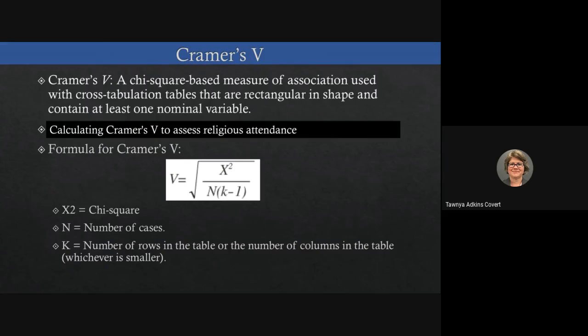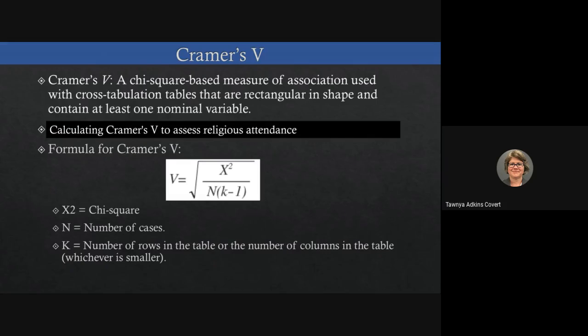I'm also going to talk in this video about Cramer's V. What Cramer's V offers is, phi was just for a 2 by 2 table, so you couldn't use it if you had more than 2 columns and more than 2 rows. And we just talked about the contingency coefficient, which is best used if you have large crosstabs and an equal number of rows and columns.